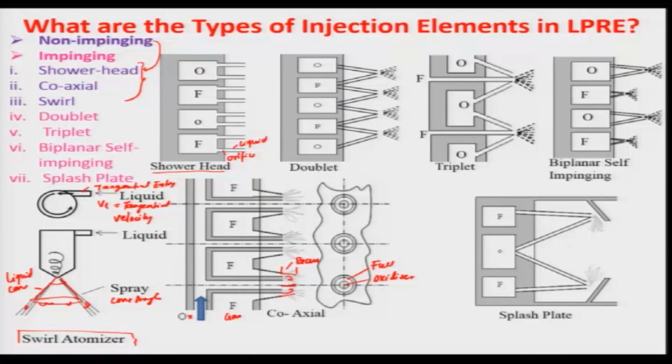For hypergolic propellant, generally the impinging type is used, and one example is the doublet, in which the fuel and oxidizer impinge on each other. Keep in mind that the impinging point is very important. This is your impinging point.